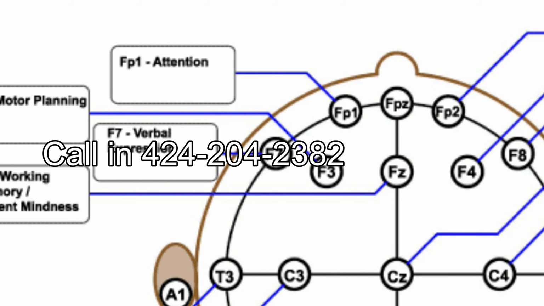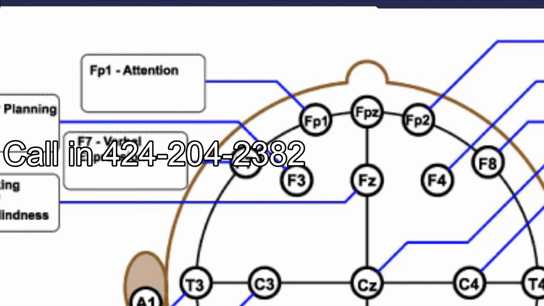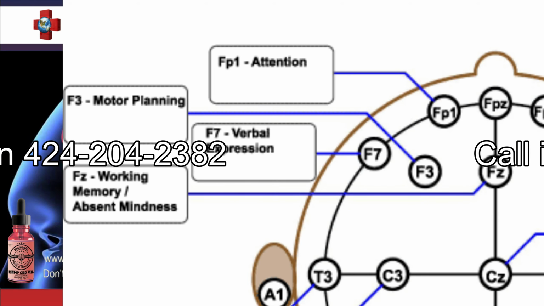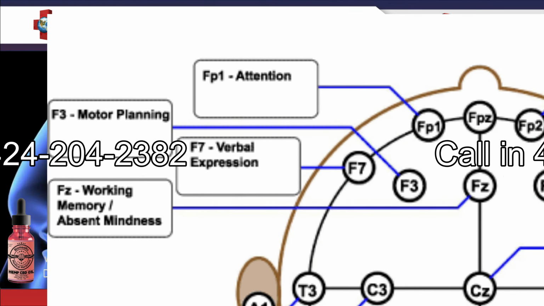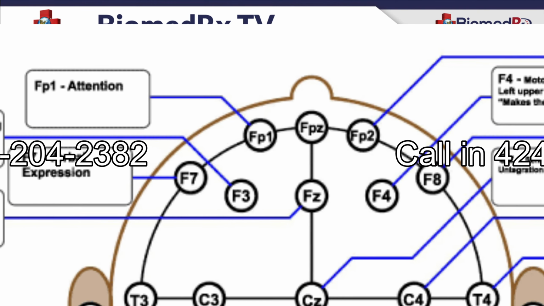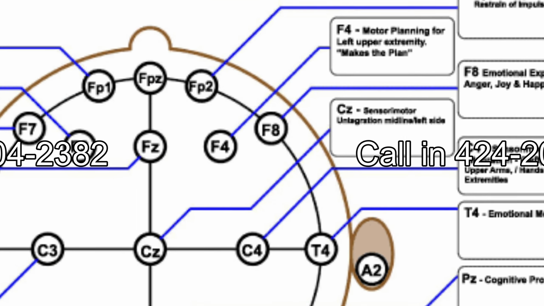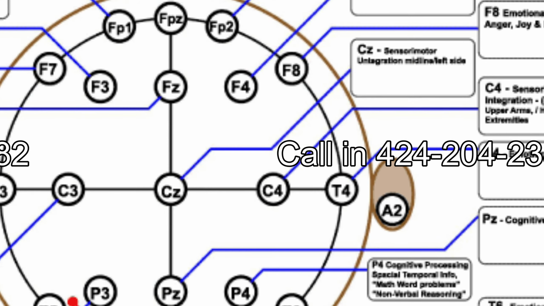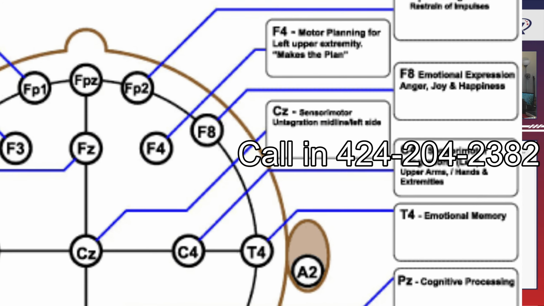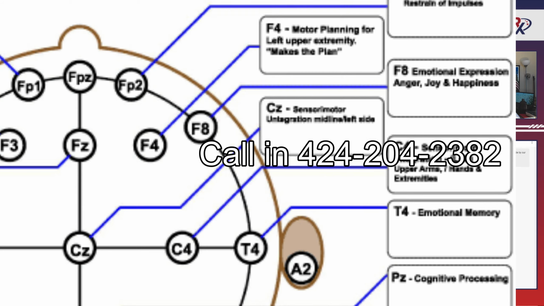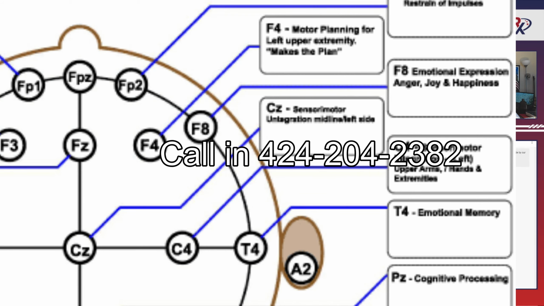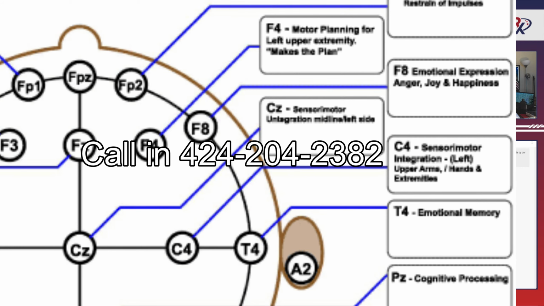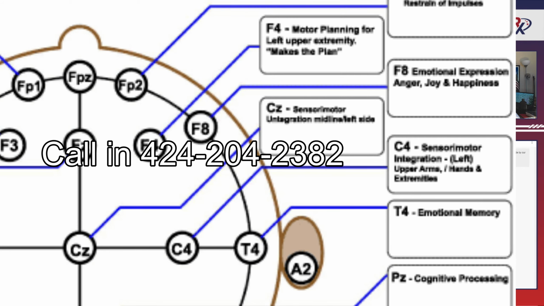Now we're coming up the middle, up the midline of the head. FZ for working memory and absent-mindedness, right? All right, FZ. And then CZ, which is at the top of the head, which is sensorimotor integration, midline, and the left side, okay?